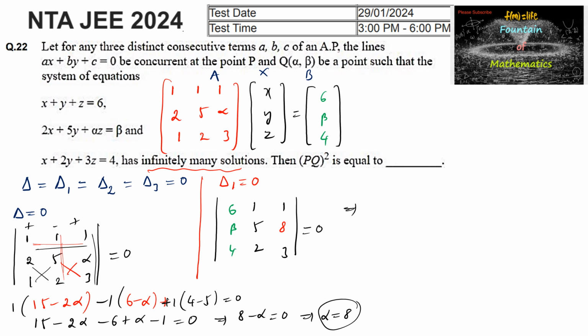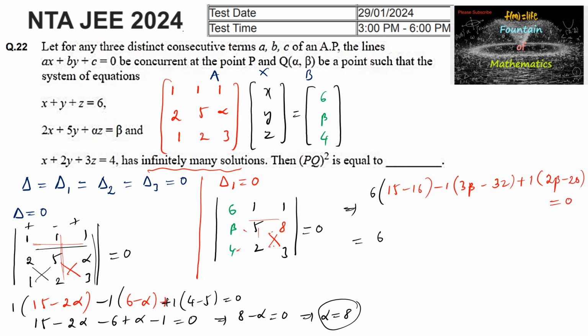Let us simplify this. We'll get 6 times of 5 threes are 15 minus 16, and minus 1 times of 3 into beta minus 4 into 8, and again plus 1 times of 2 beta minus 20 is equal to 0.